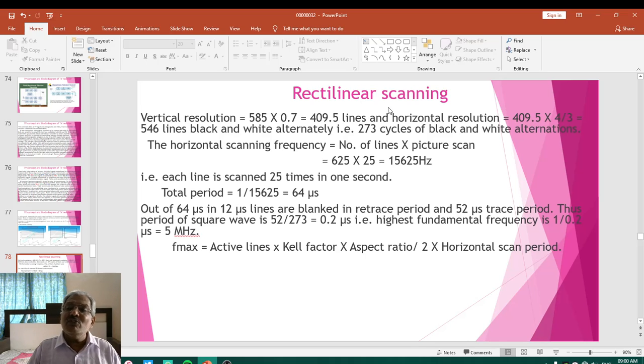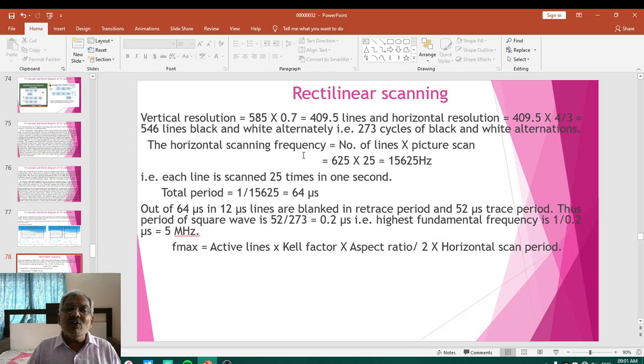And horizontal resolution can be achieved by multiplying the vertical resolution with the aspect ratio, that is 4:3, which is fixed, and that comes to be 546 lines, black and white alternately. Means out of 546, 273 cycles of black and 273 cycles of white lines are scanned.